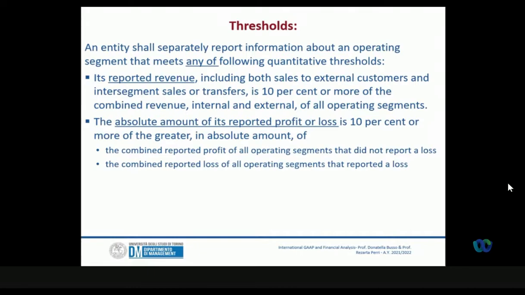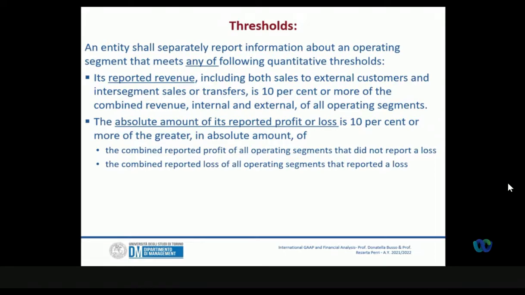When I need to check for this threshold, what we do is separate into two groups. One group will represent the segments that generate a profit, and the other group will represent the segments that generate a loss. And when I compare the profit of a profit-generating segment, I will compare it with the total profit of those segments that are reporting a profit, not including any segment that is reporting a loss.